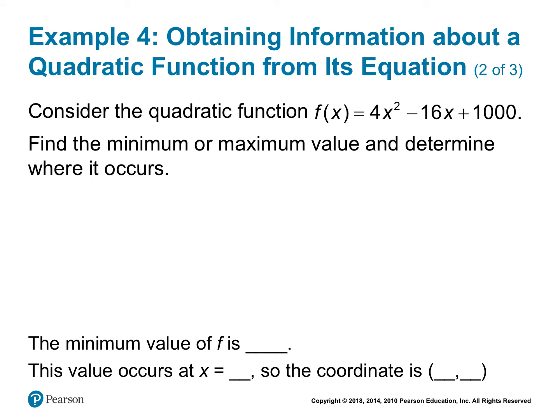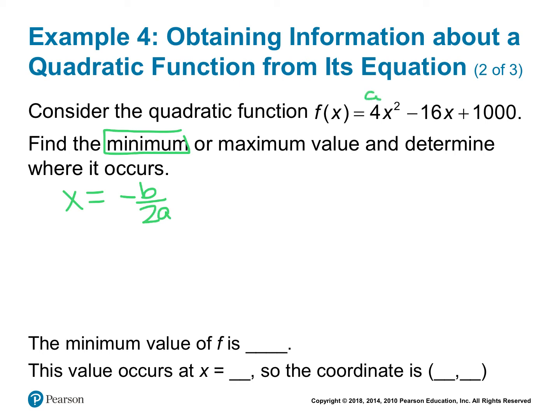Okay, now let's also figure something else out about this graph. Find the minimum or maximum value and determine where it occurs. We already said it's going to be a minimum. So we want to know where that is going to occur. So we said we can use that x equation, which helps us find the vertex and the axis of symmetry.